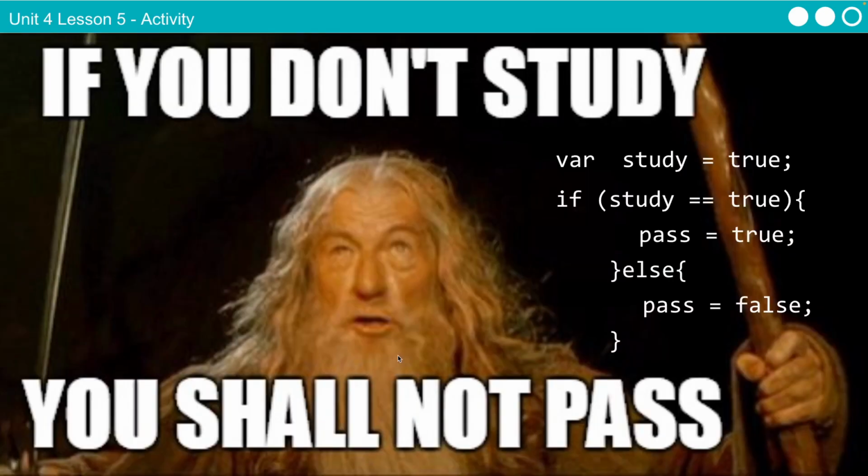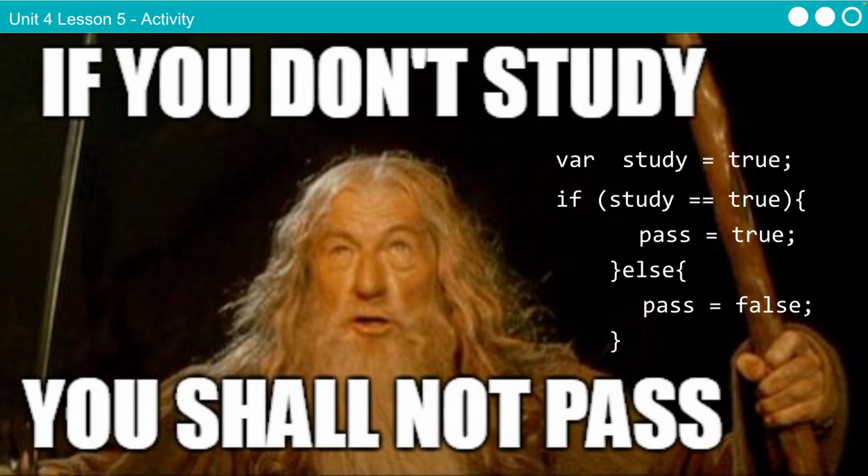So there's this meme with Gandalf because he's fighting the Balrog, and he says, "You shall not pass," several times. And so if you do not study, this is this in code. So var study, where var is our keyword for variable. The variable name is study.